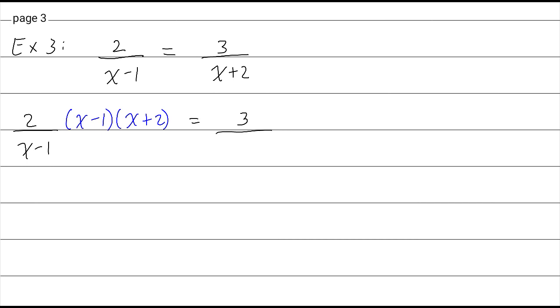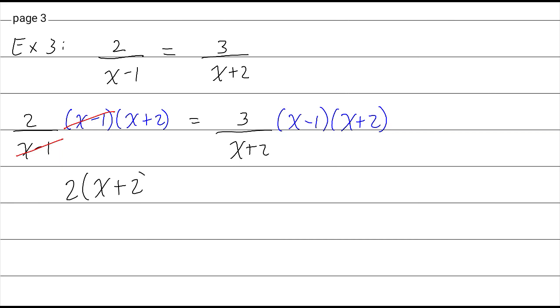Equals 3 over x plus 2 times x minus 1, x plus 2. Okay, so by doing this, the x minus 1s will cancel here to leave me with 2, x plus 2. The x plus 2s will cancel here to leave me with 3, x minus 1.